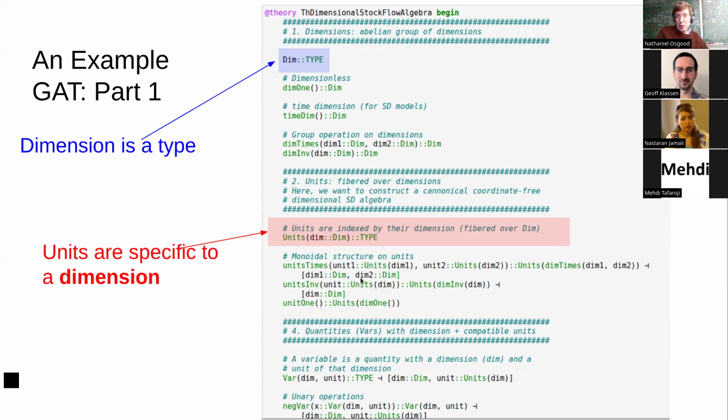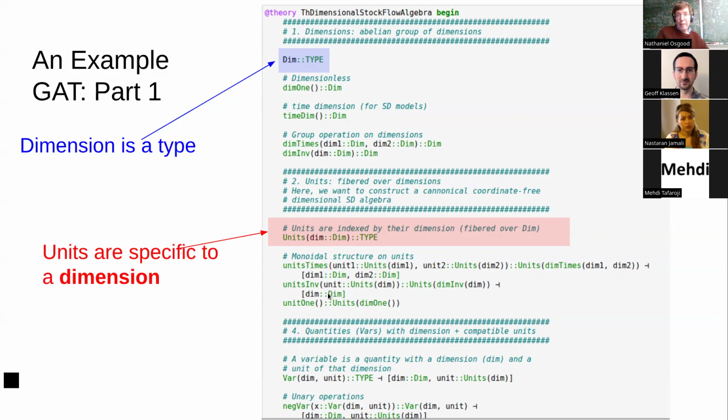So it's saying you have this context where we have dimension one and dimension two defined. If we have something whose type is a unit of dimension one, and another thing, unit two, whose type is a unit of dimension two, we can multiply them and get something of units of this, right? I should have explained that earlier.